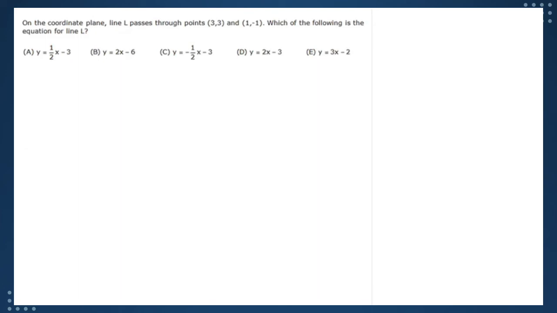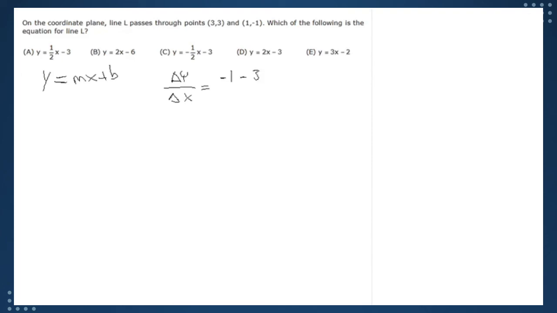Logically, it would make sense to do the slope. So remember, the equation of the line is y equals mx plus b. If we start off with the slope formula, change in y over change in x, delta y over delta x, we see that one of the y terms is -1, so we can say -1 minus 3.